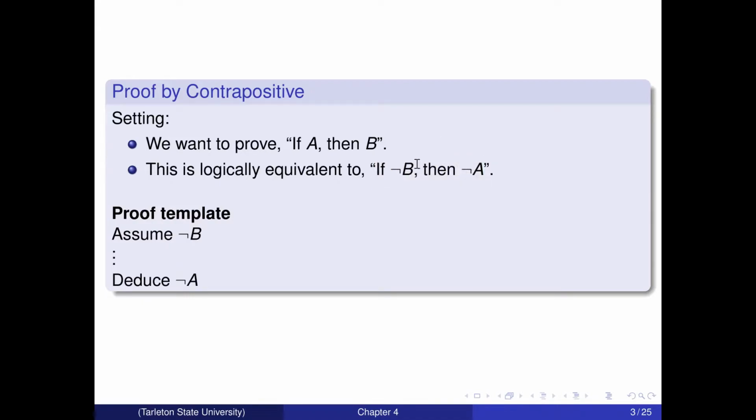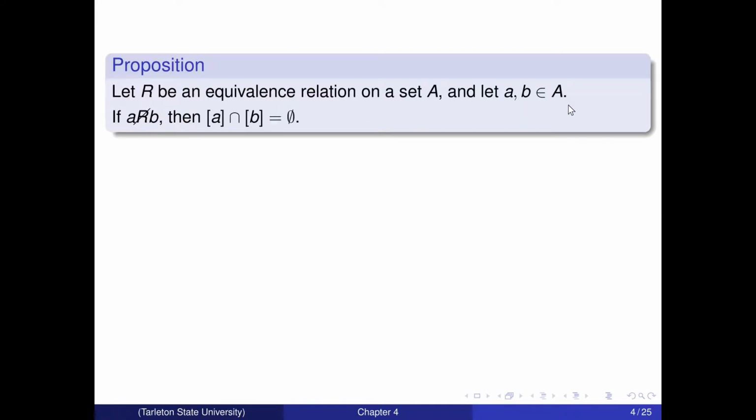And because the contrapositive is logically equivalent to the original if then statement, proving the contrapositive is equivalent to proving the original statement. Of course, to prove this if then statement, we just need to assume the statement on the left and deduce the statement on the right, which has the following template down here, assuming not B and deducing not A. Well, let's see an example of this.